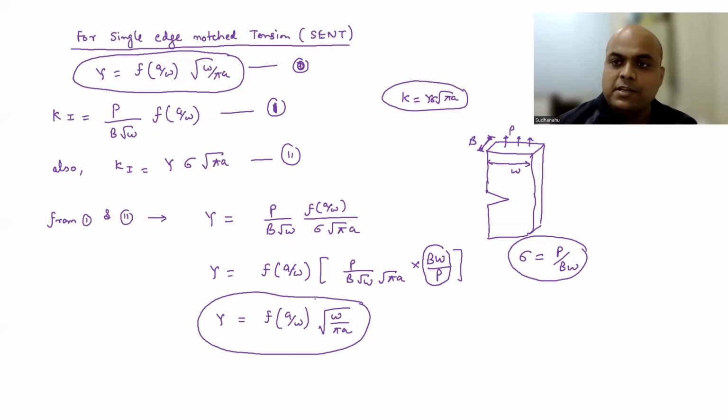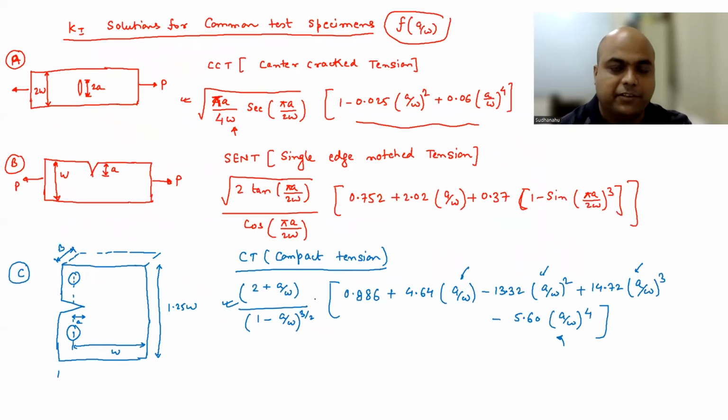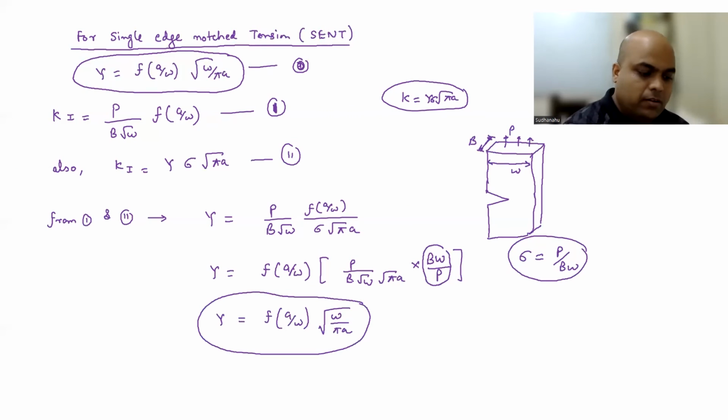So now we know the expression for Y in terms of F(a/W), and we also know what F(a/W) is from the table with all these values. Now let's see what happens when the single edge notch tension is infinite, or semi-infinite because one side is fixed.